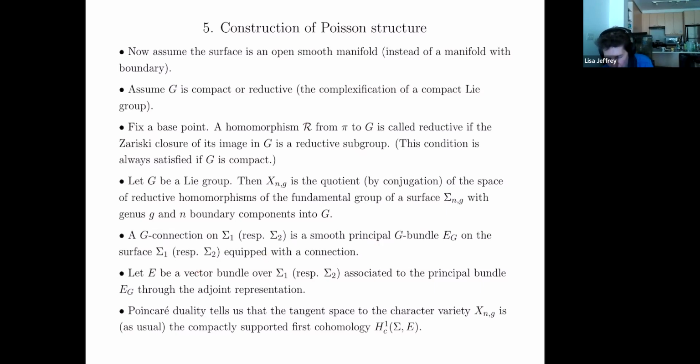And if E is a vector bundle over sigma 1, associated to this principal G bundle through the adjoint representation, then Poincare duality tells us that the tangent space of the character variety is the compactly supported first cohomology of sigma with values in E.